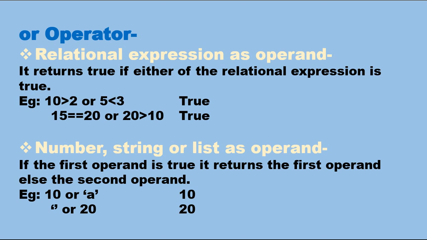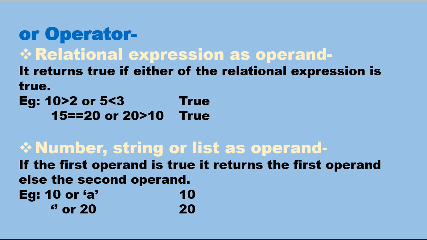If the operands are the relational expressions, then it will return true if either of the relational expression is true. For example, 10 greater than 2 or 5 less than 3. 10 greater than 2, this is a relational expression, and 5 less than 3, this is also a relational expression. So it says that if either of the relational expression is true, it will return true.